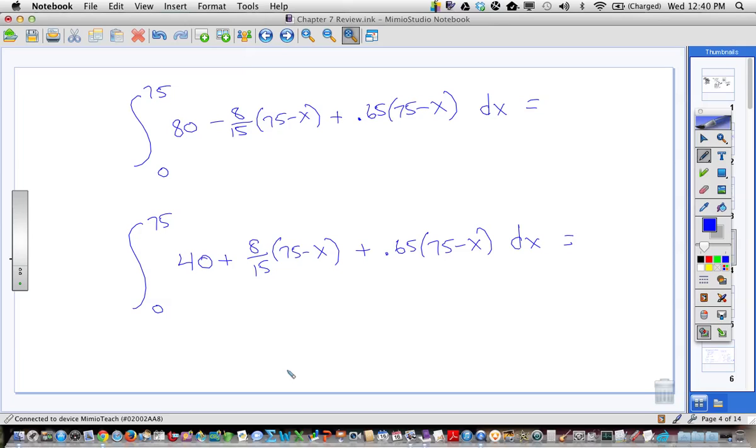Yeah, because how did we say this simplified? We said this would simplify to 80 minus 8/15 x. And we said this would simplify to 40 plus 8/15 x, right?